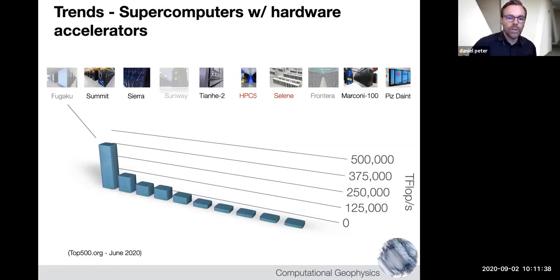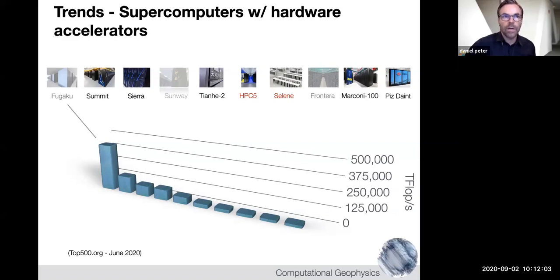And at KAUST, we have Shaheen 2. It's a CPU system at the moment, which is the large supercomputer. Plus then we have the IBEX cluster, which is a more heterogeneous cluster, which also has some GPU nodes in it.